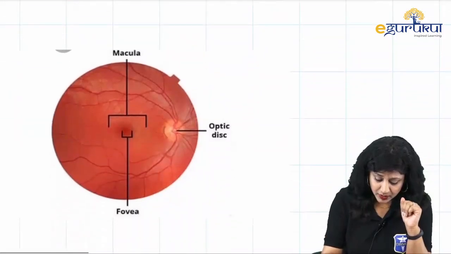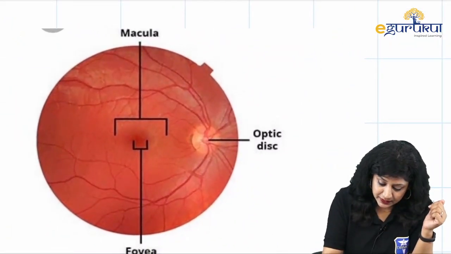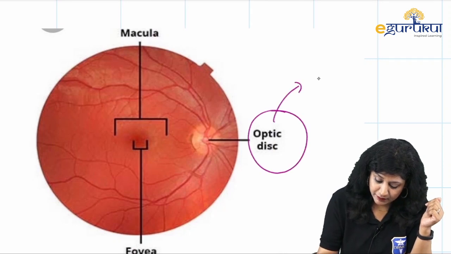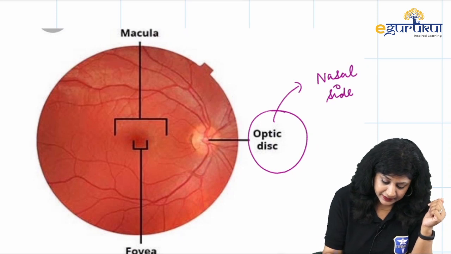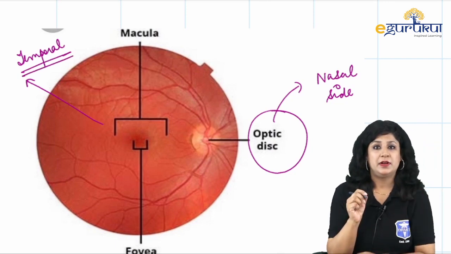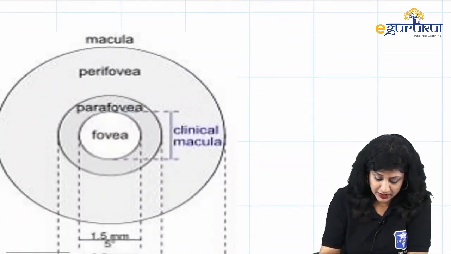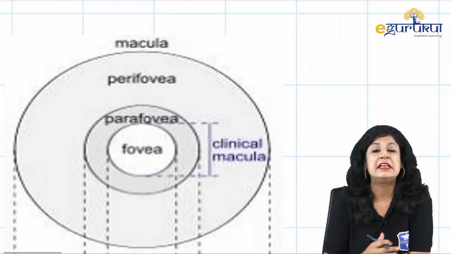Okay. So see this is your central retina. This will be the nasal side where I am having this optic disc, and this will be the temporal side of the eye, because here you are having the macula. Okay. Now, there is a thing called as clinical macula.